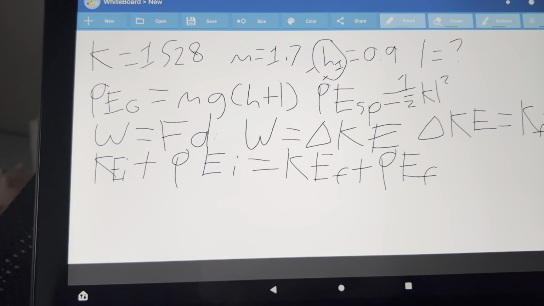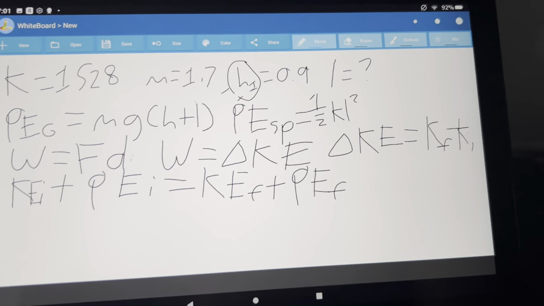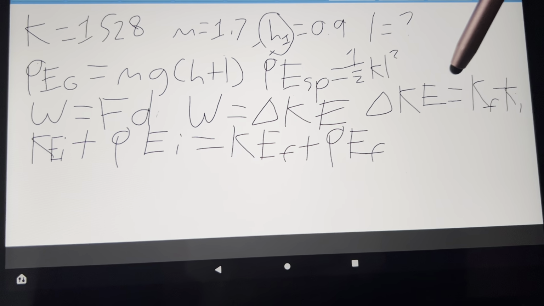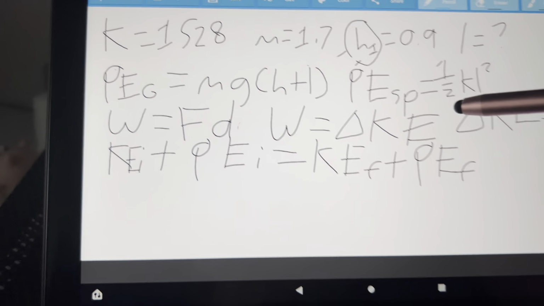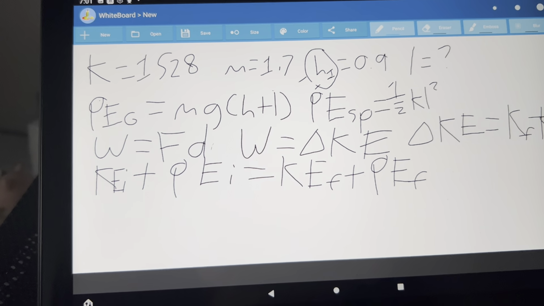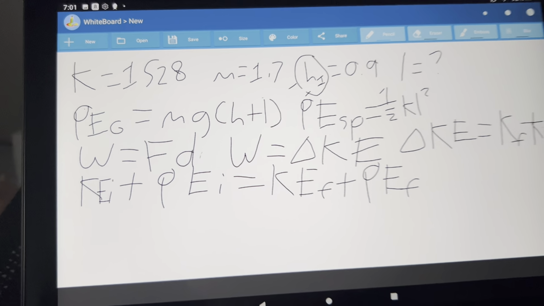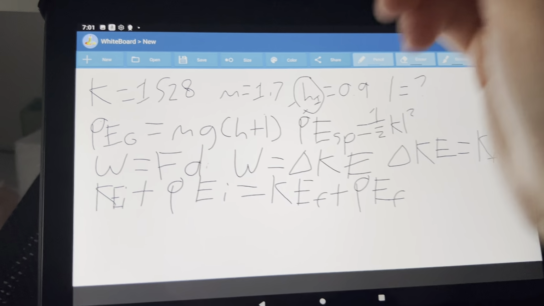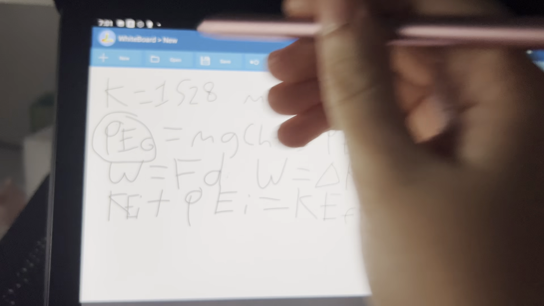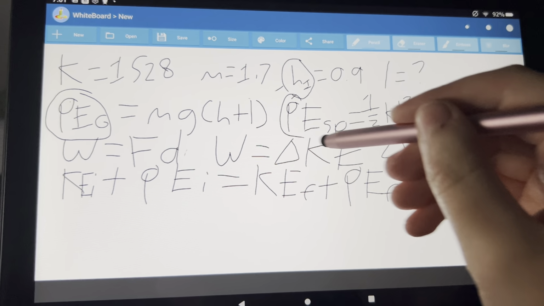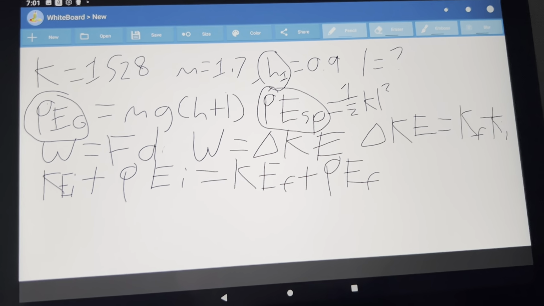And anyway, since we know that kinetic energy is also equal to work, basically at this point the tricky part is, since we know we have potential energy due to gravity and we have potential energy due to the spring force.